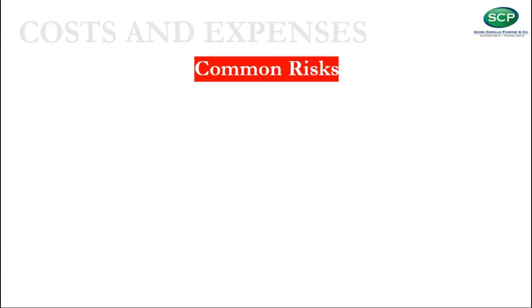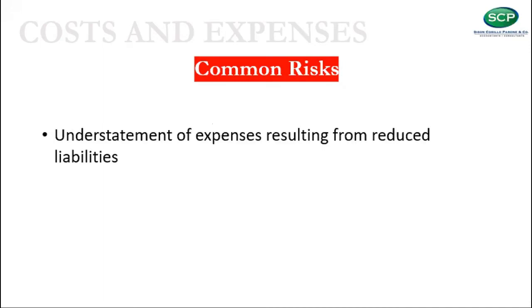So let's start our discussion with the first common risk, which is the understatement of expenses resulting from reduced liabilities. As mentioned during our discussions about auditing accounts payable and accrued expenses, companies commonly tend to understate liabilities rather than overstate them.